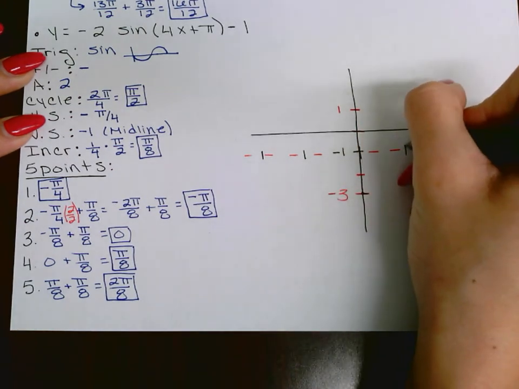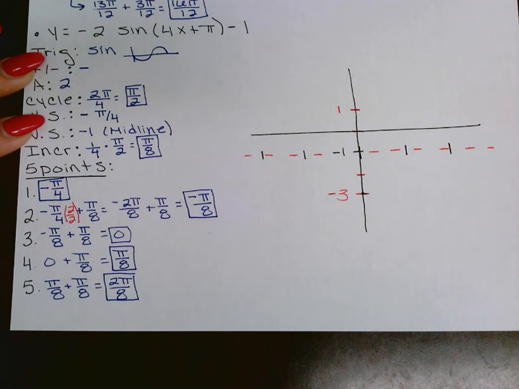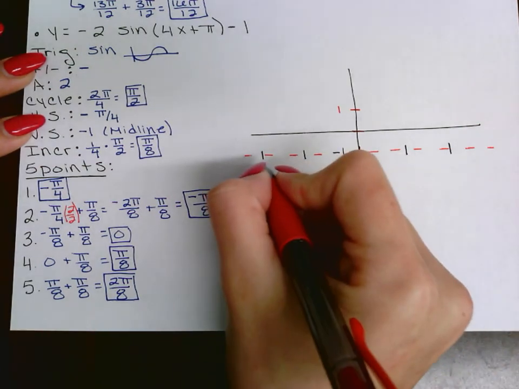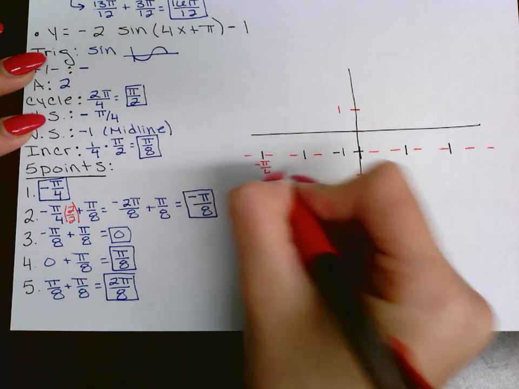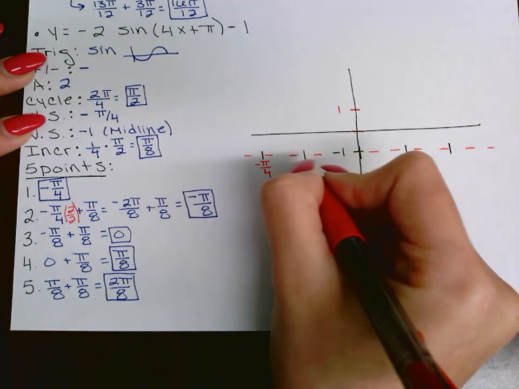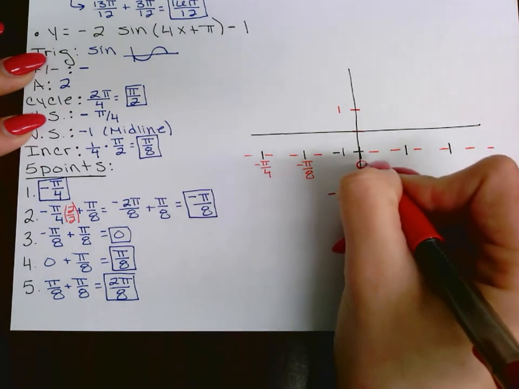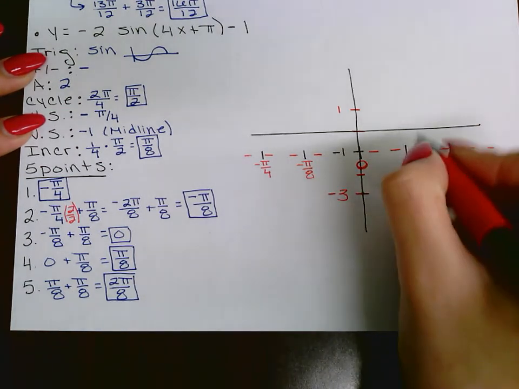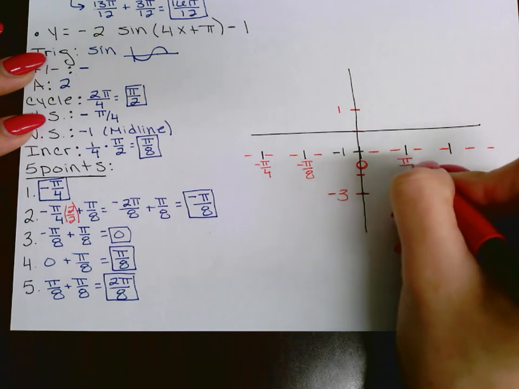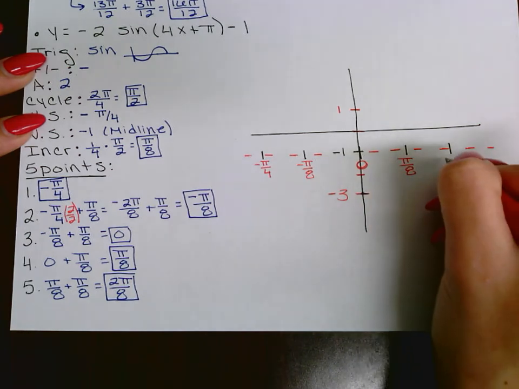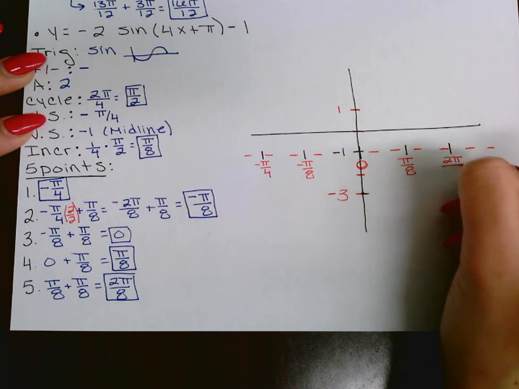And then the fourth and the fifth go in the positive, okay? So we have negative pi over 4, negative pi over 8. We have 0. We have pi over 8. And then 2 pi over 8, or you can call it pi over 4, okay?